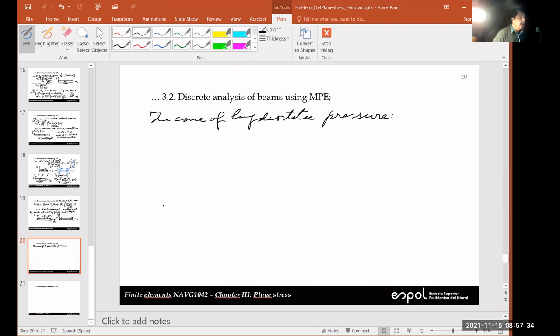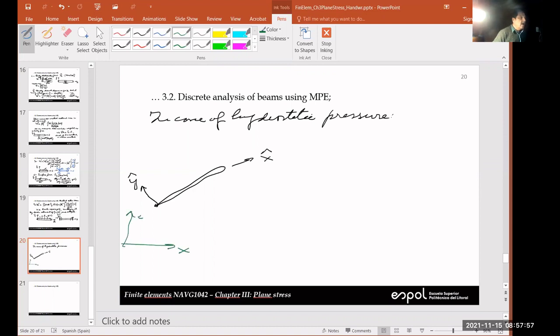Okay, so let's suppose we have a beam like this. This is my local reference system. Let's change color, green. This is my global reference system.